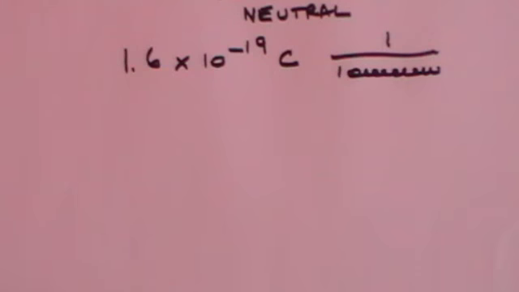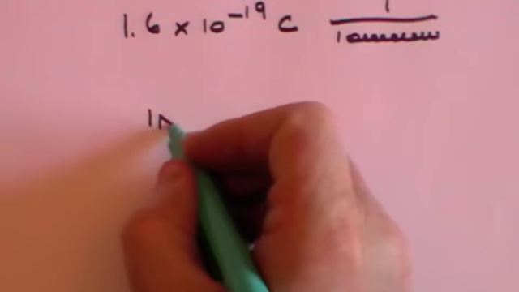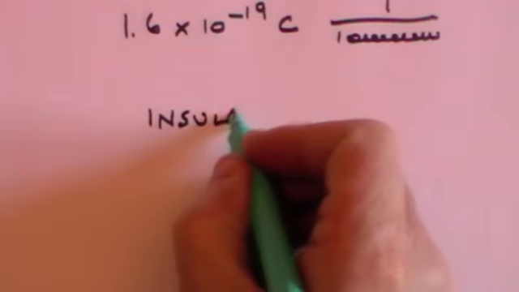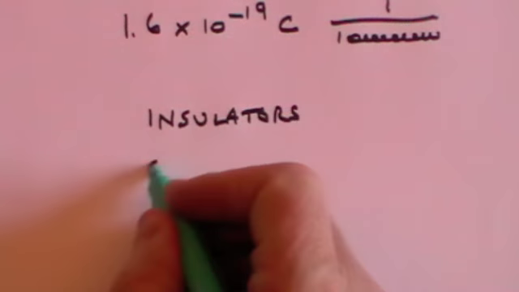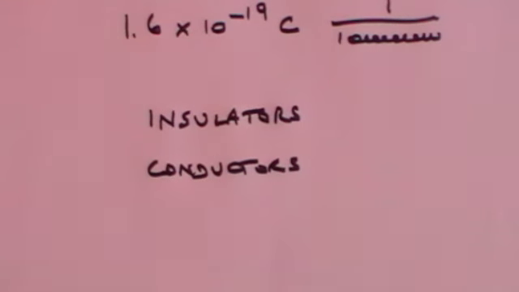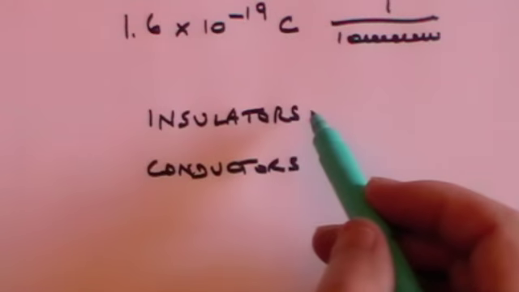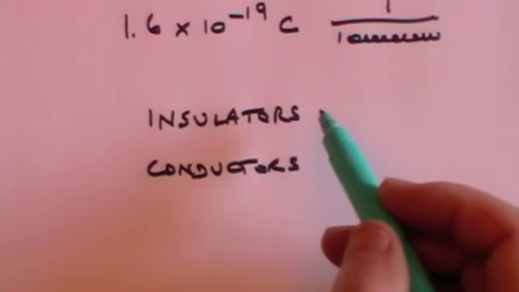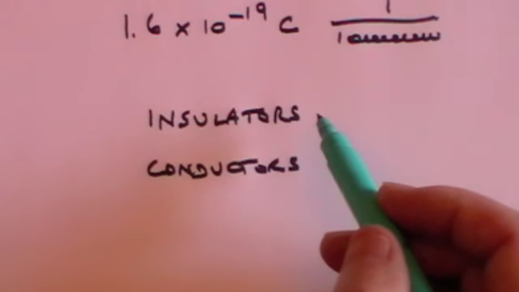Now, there are 3 types of material in the world. There are what we call insulators and conductors. Conductors tend to be metals. The difference between the two is that electrons do not easily move through insulators. In fact, for all practical purposes, they don't move through them at all.